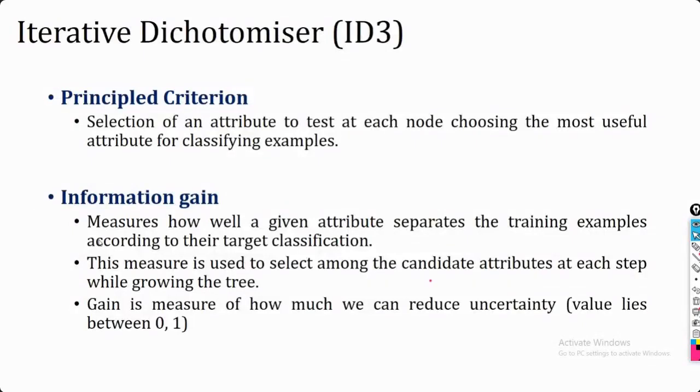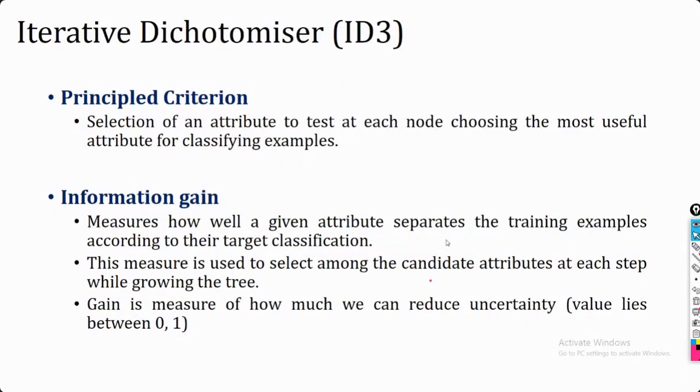Now, next we are going to cover ID3. Basically, the criteria for ID3 is that we select one attribute, and then we see, if I select this attribute, how accurately the division is performed.